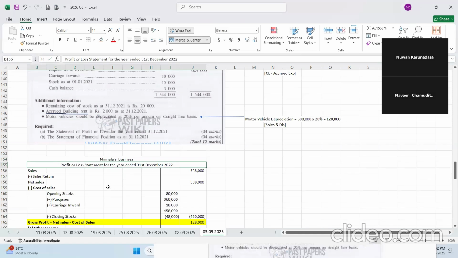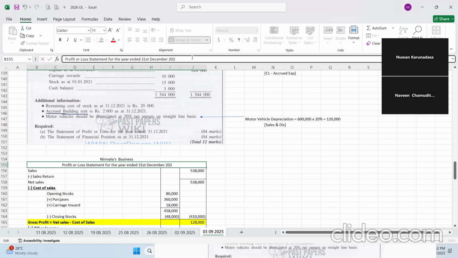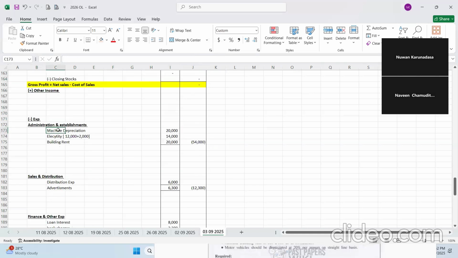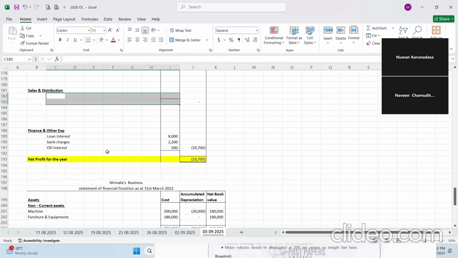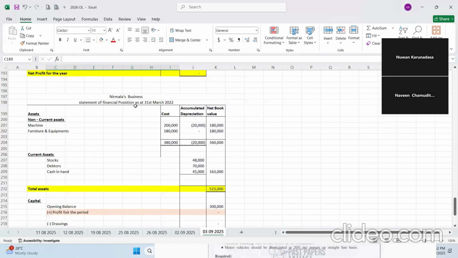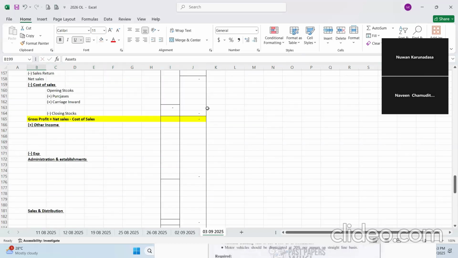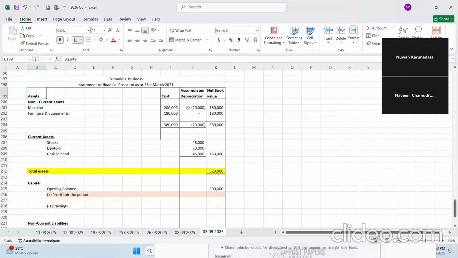Profit and loss statement for the year ended 31st December 2021. We'll clear the numbers. Statement of financial position as at 31st December 2021. Here the values will be cleared.